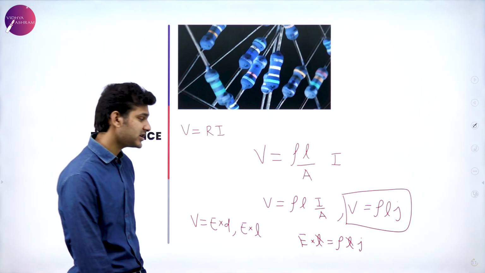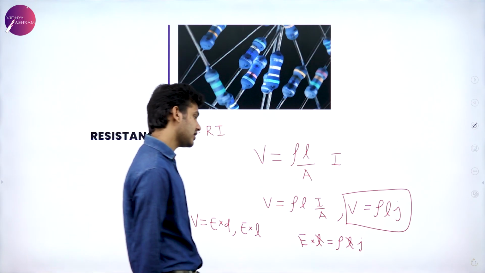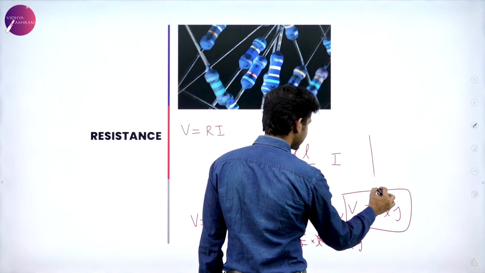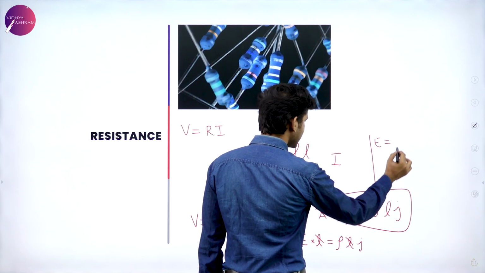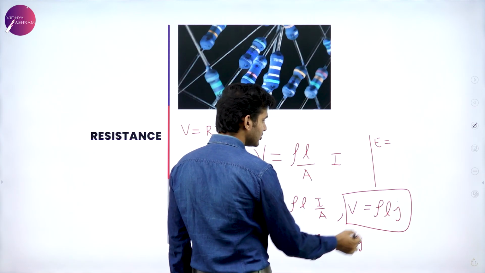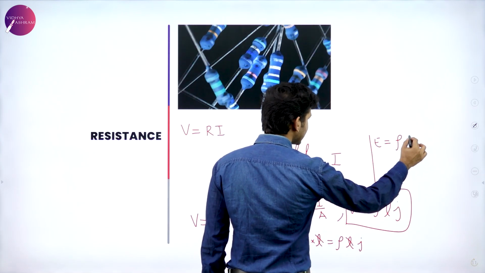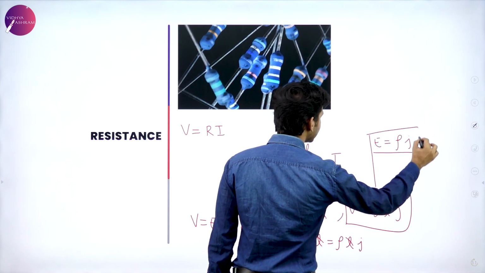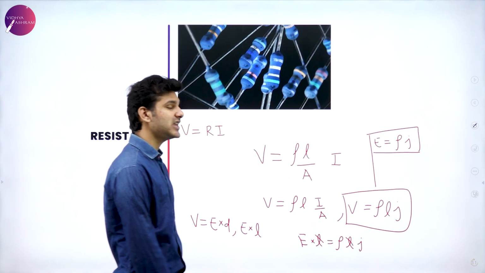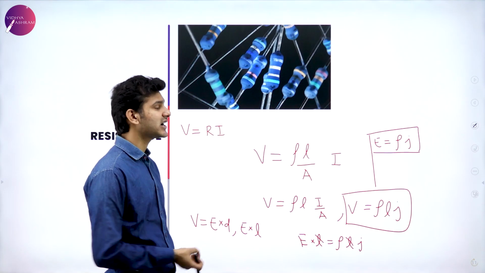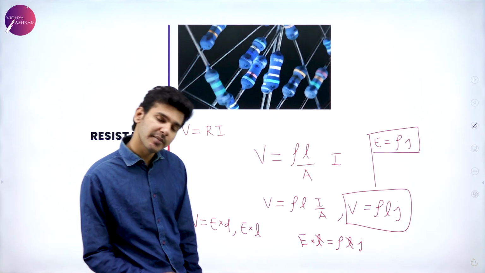Now we have an equation in terms of electric field. So we can write it as E is equal to rho J. So the electric field in a material will depend upon the resistivity and current density of that particular material.